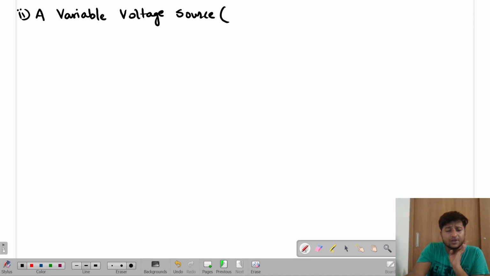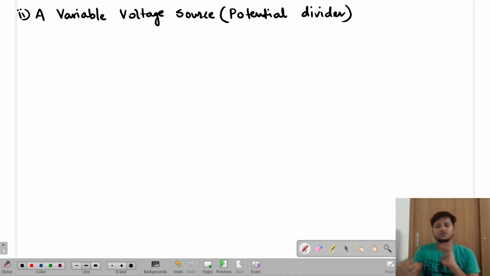It has a very big use in the NEET and JEE exam, that it is always utilized. Sometimes a question is asked, and this variable voltage source is also called a potential divider. What is it called? Potential divider. Are you able to get me?